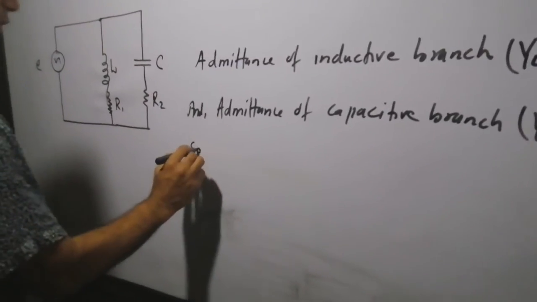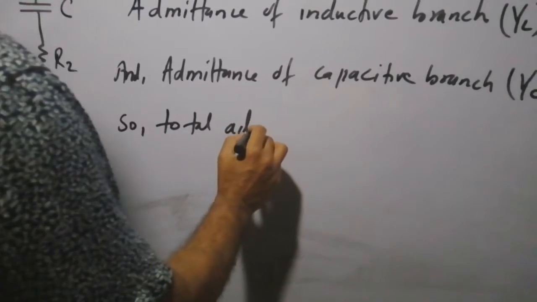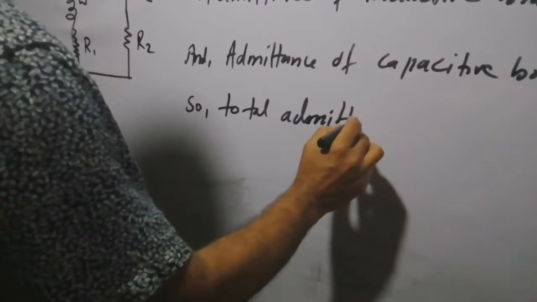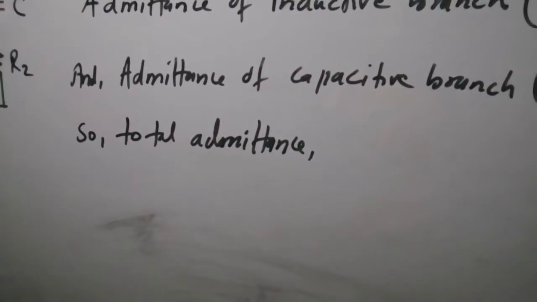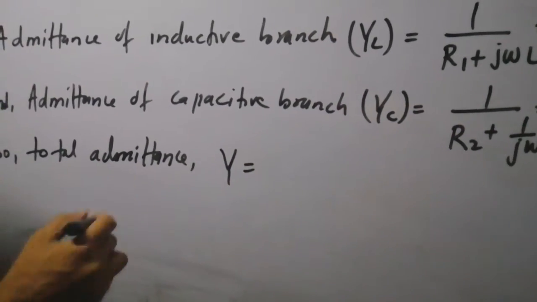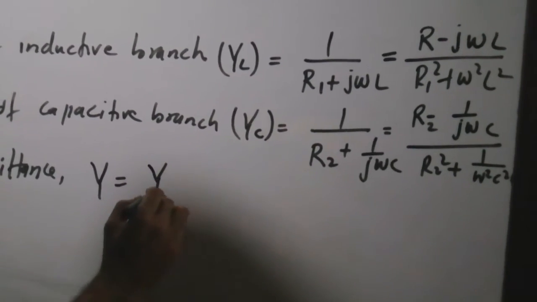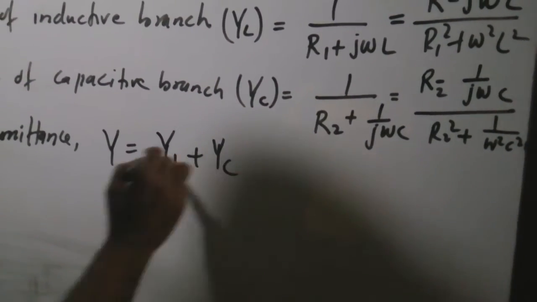And so the total admittance. We know that the admittance in parallel is just the sum of the individual admittances, so we can write YL plus YC.